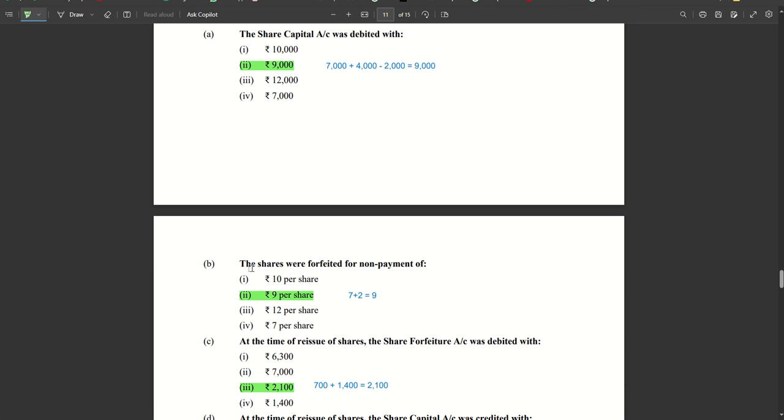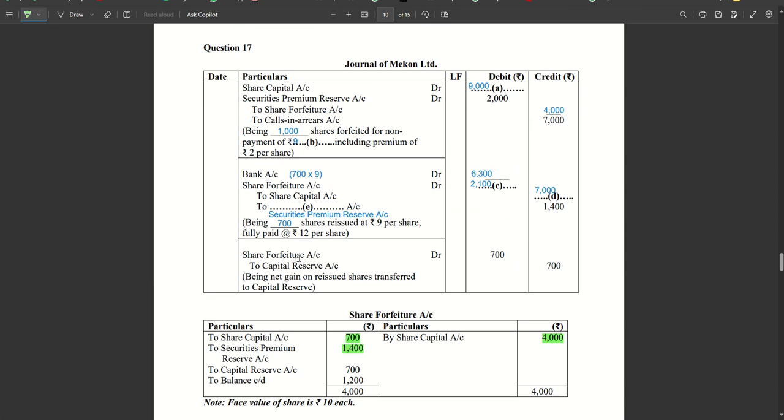Second one, the shares were forfeited for non-payment of how much money, how much we did not receive. If you see here, this is the narration it is talking about. So 1,000 shares have been forfeited for non-payment of rupees 9, including premium of rupees 2. This is tricky because excluding premium we haven't received 7 rupees, so 7,000, but the 2 rupee premium also we haven't received.